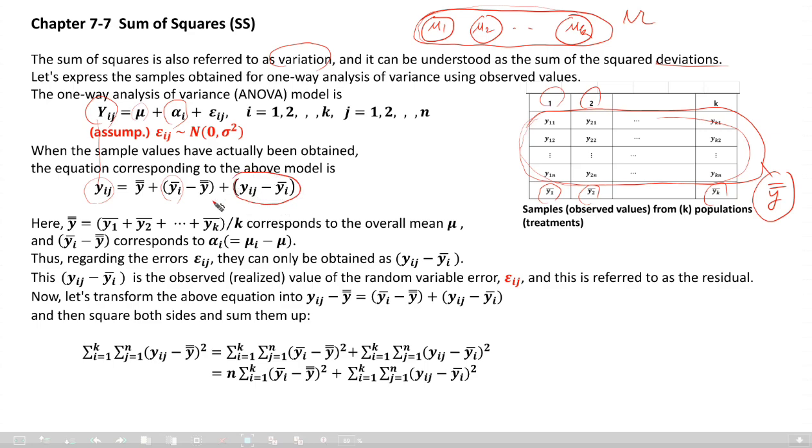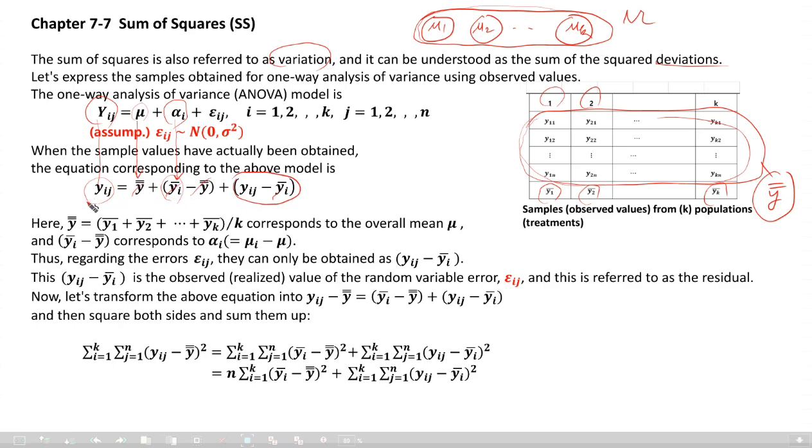We left it, but in order to make both sides equal, yij equals y double bar plus yi bar minus y double bar. Then for equality, yij comes here and yi bar is cancelled out, so yij equals yij.